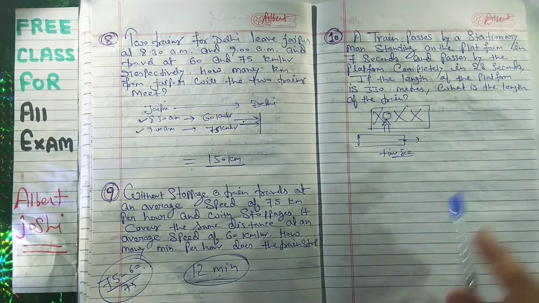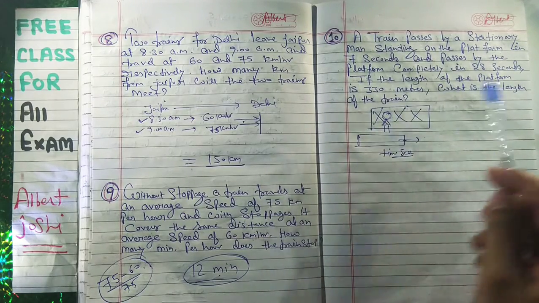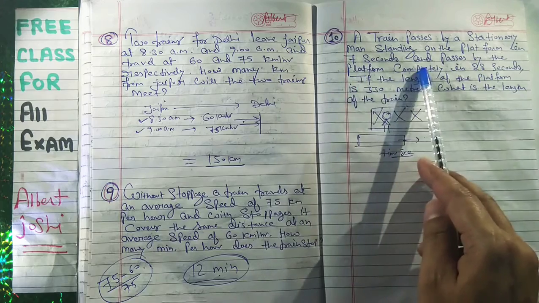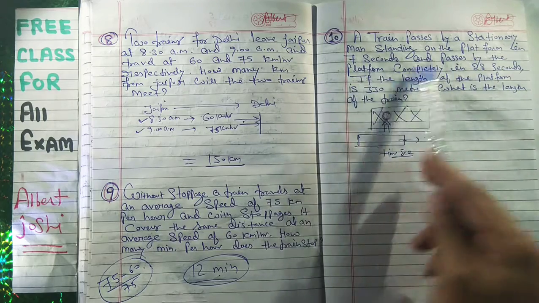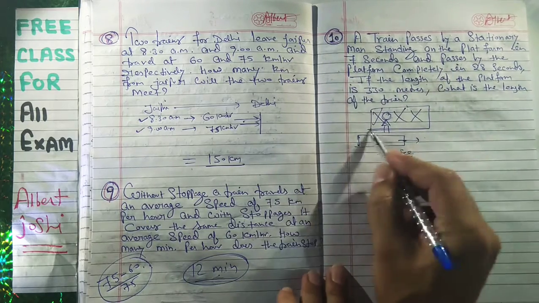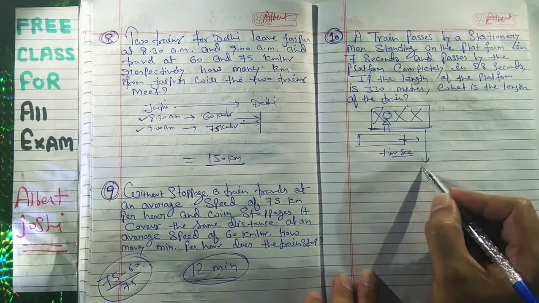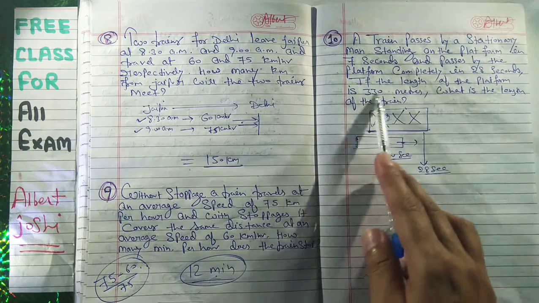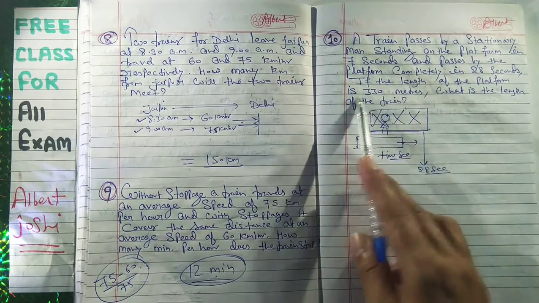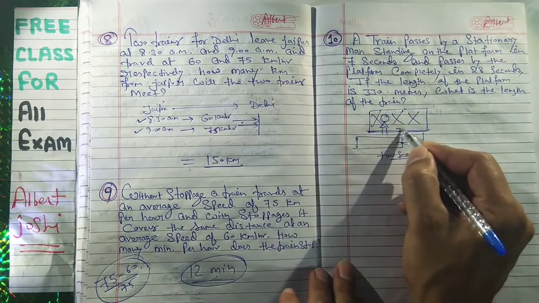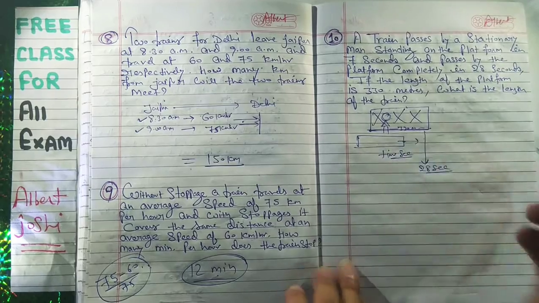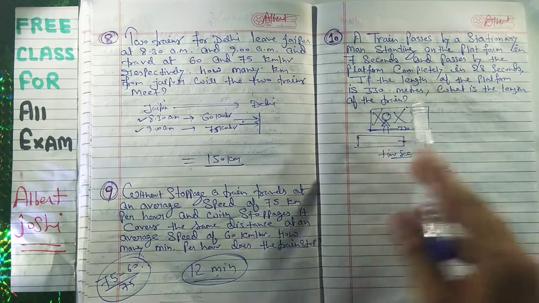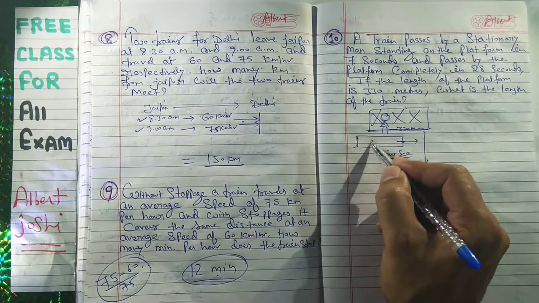He is not moving. And it passes the platform completely in a total time of 28 seconds. The length of the platform is 330 meters, so what is the length of the train? Its length also I don't know.